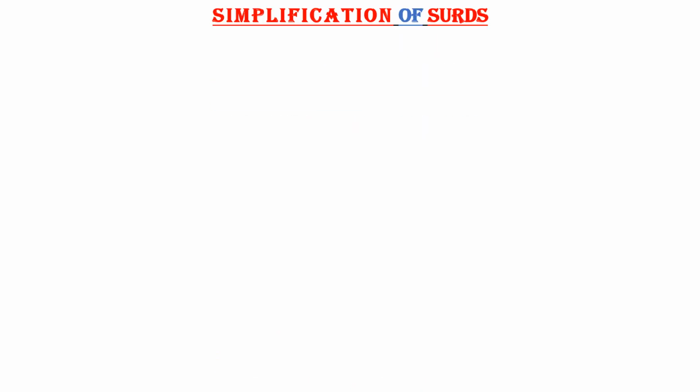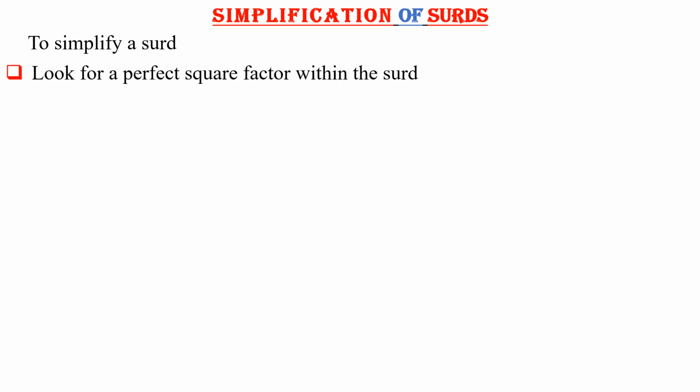Let's look at how to simplify surds. To simplify a surd, look for a perfect square factor within the surd and then simplify them. Example, the square root of 18 can be simplified as, we look for a perfect square within 18.